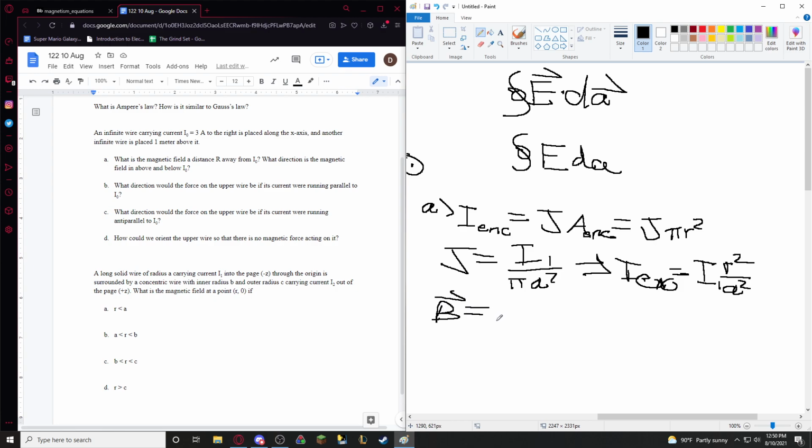Mu naught times I enclosed, that'd be r squared over a squared, over 2 pi r, and there will be simplifications. So it should be mu naught I1 r over 2 pi a squared.